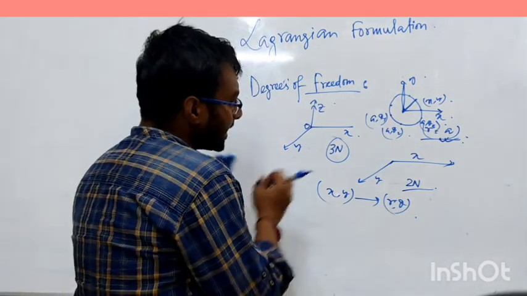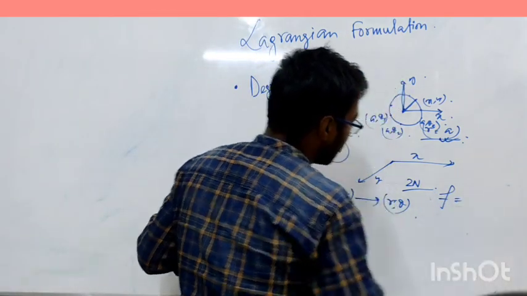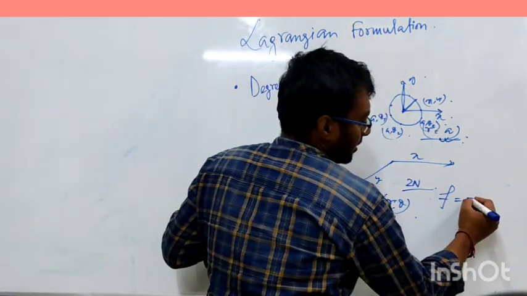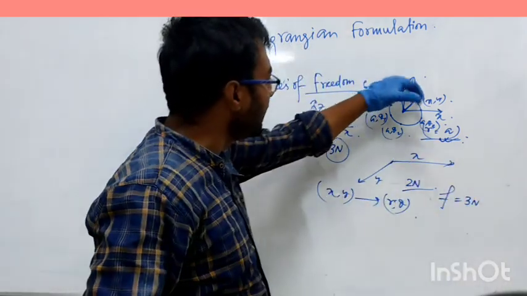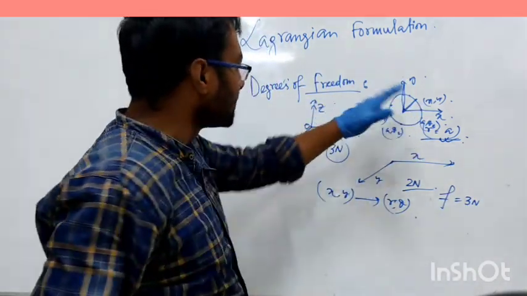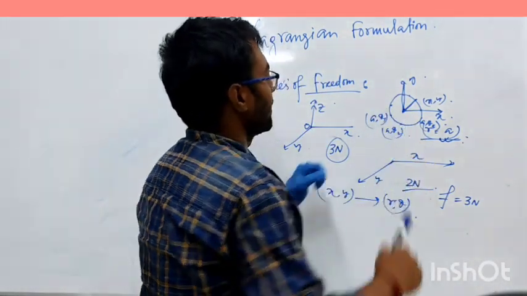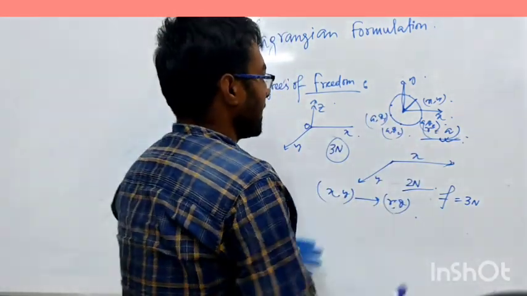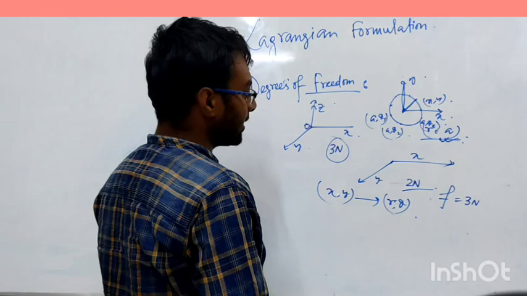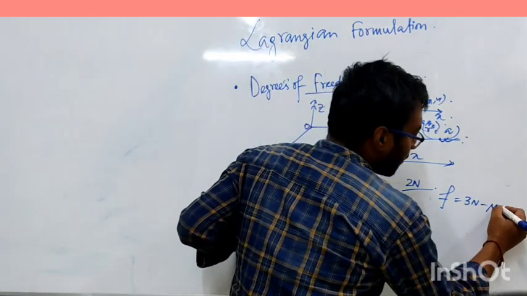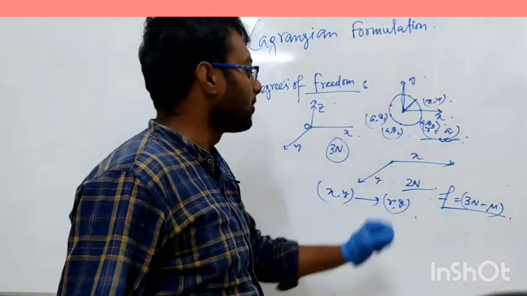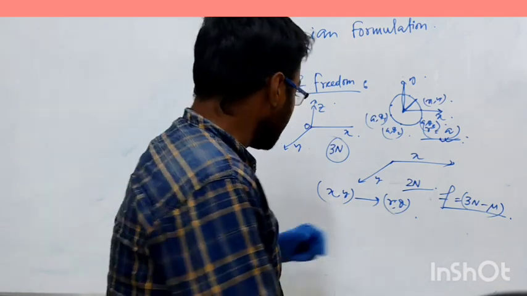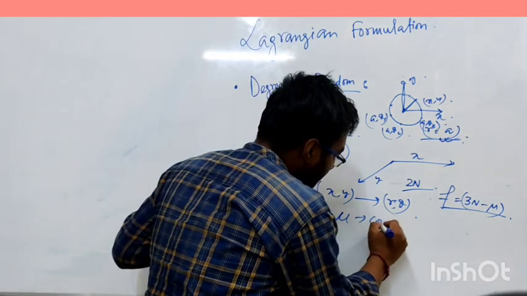So we can say that the degree of freedom, f, for the 3D case with no interaction or boundary condition is 3n. Here we consider that the particle is bound along a radius r equal to a, so one boundary condition is there. If we impose mu number of boundary conditions, then the degrees of freedom will be 3n minus mu. Here mu is called constraints.